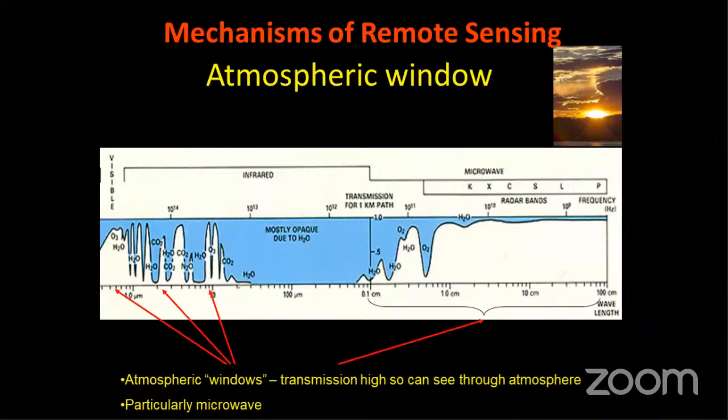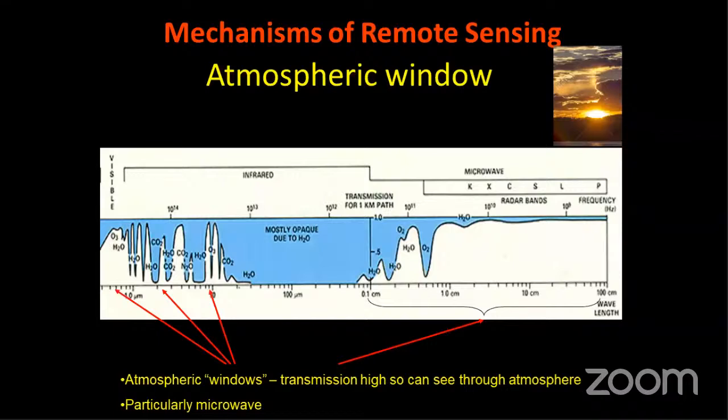There are specific regions like 400 to 700 nanometers, or 400 to 2500 nanometers, which is basically the atmospheric window.